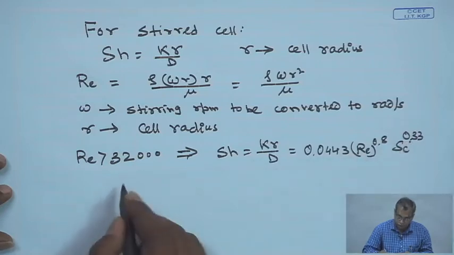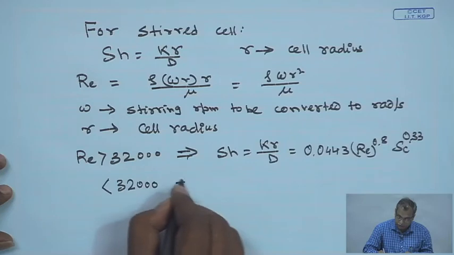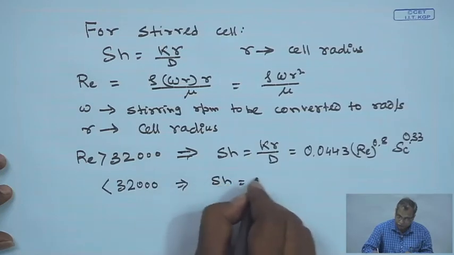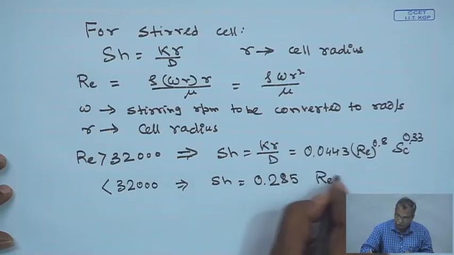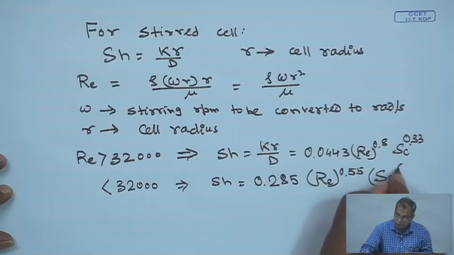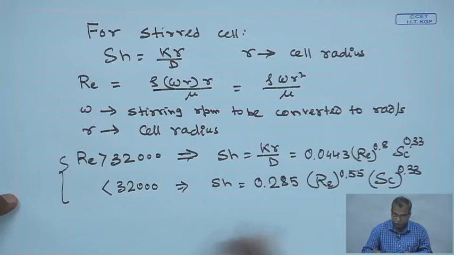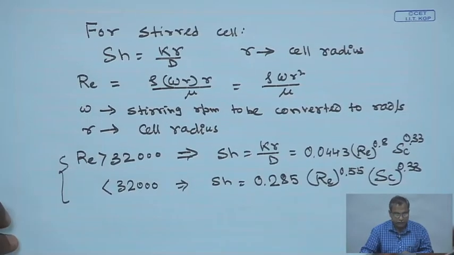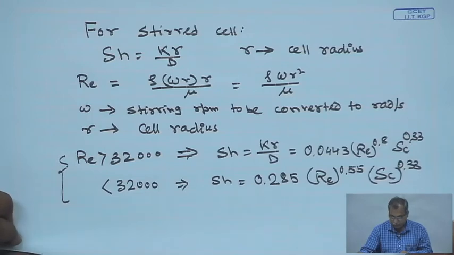And in case of Reynolds number less than 32,000, the Sherwood number is equal to 0.285 Reynolds to the power 0.55 and Schmidt to the power 0.33. These two relationships will be used in order to estimate the mass transfer coefficient in case of flow through a stirred cell.